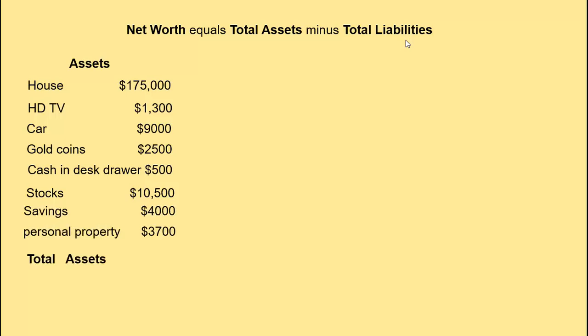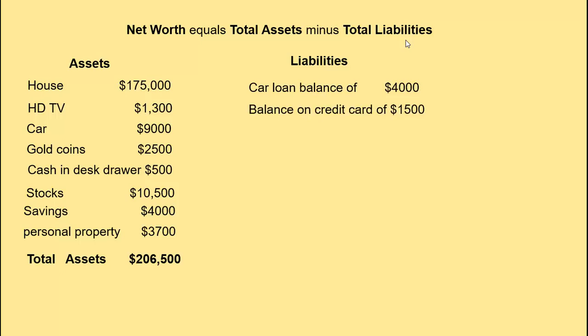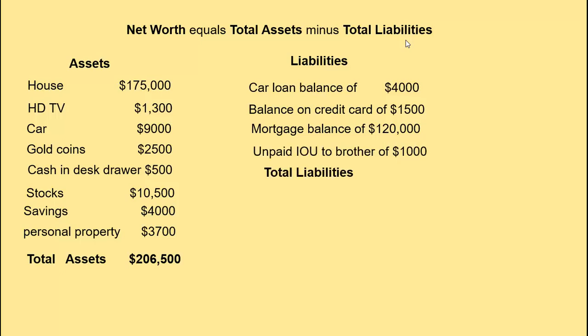Total assets are $206,500. Liabilities: car balance of $4,000, balance on credit cards $1,500, mortgage balance $120,000, unpaid IOUs to brother $1,000. Total liabilities were $126,500, and the difference between assets and liabilities would be net worth or owner's equity, in this case, of $80,000.